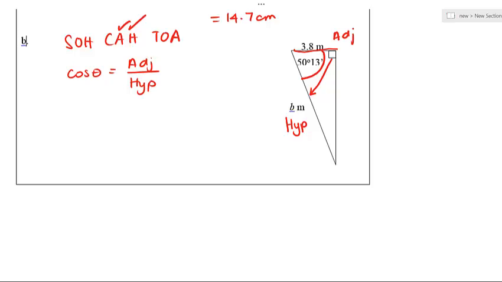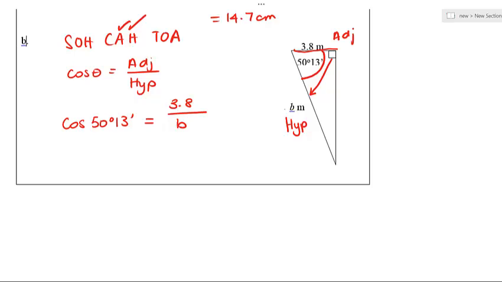Once we establish which trigonometric ratio we're going to use, we substitute our given information. Instead of theta, we have cos 50 degrees 13 minutes. Instead of adjacent, it's 3.8 meters, and instead of hypotenuse, it's B meters.